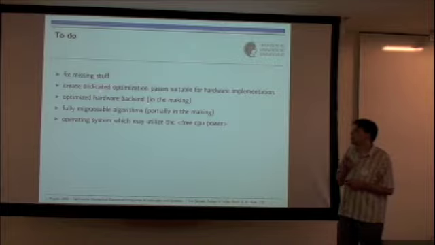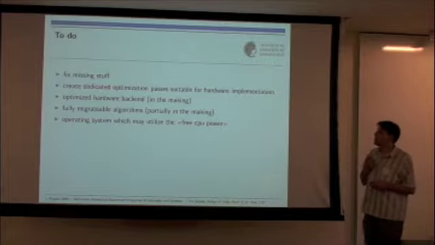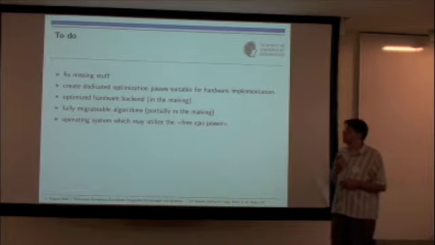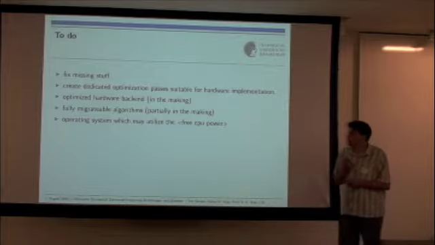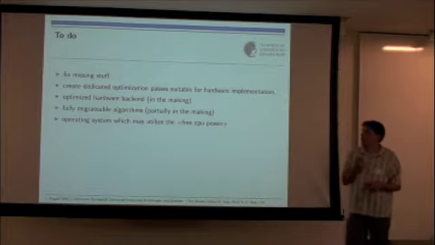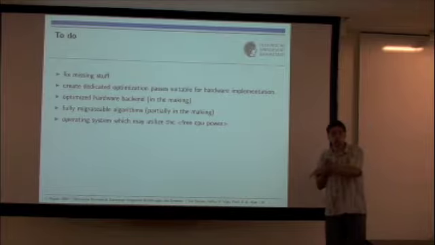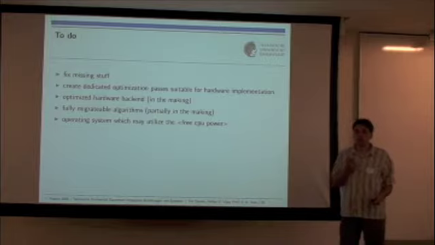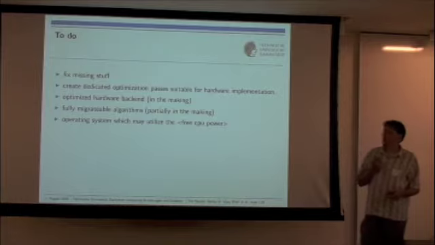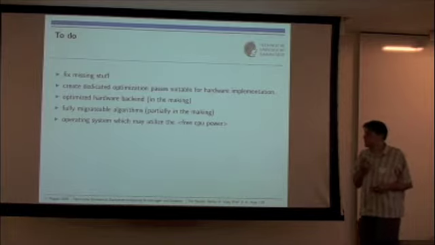Then to create dedicated optimization passes suitable for hardware implementation. Also on my agenda is to create a more optimized hardware backend, which is not a one-to-one backend, but a more sophisticated backend, which has not so demanding resource usage for larger algorithms.